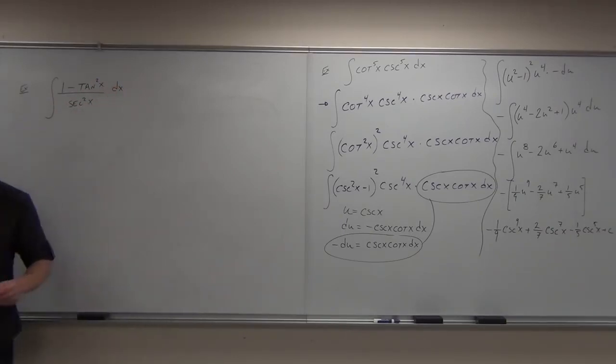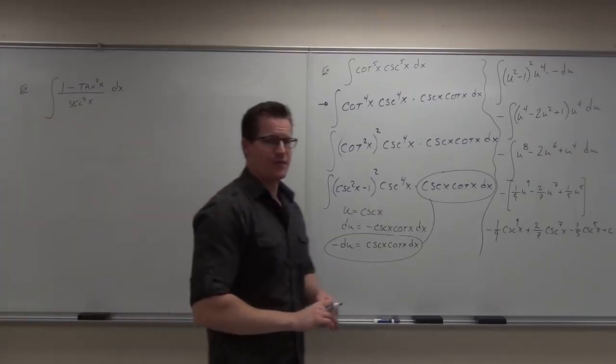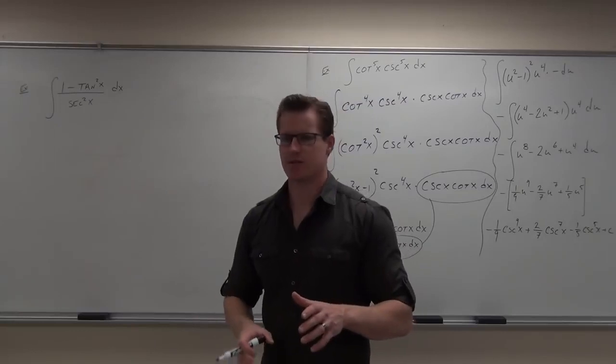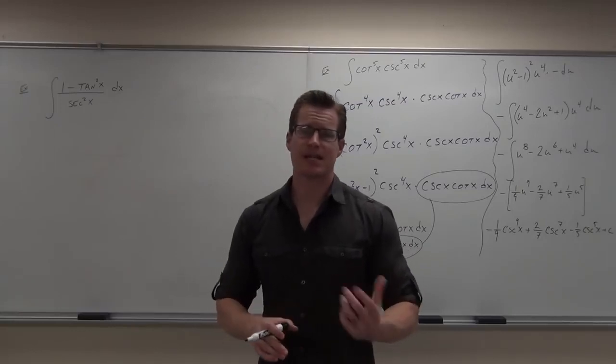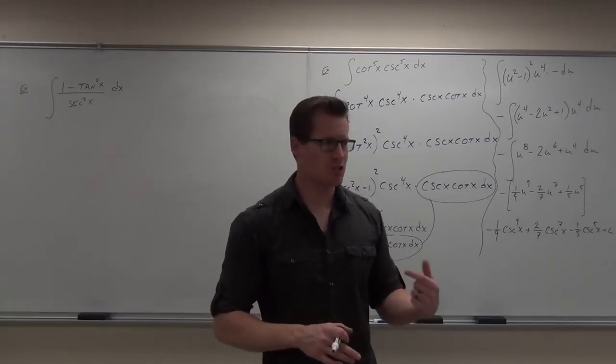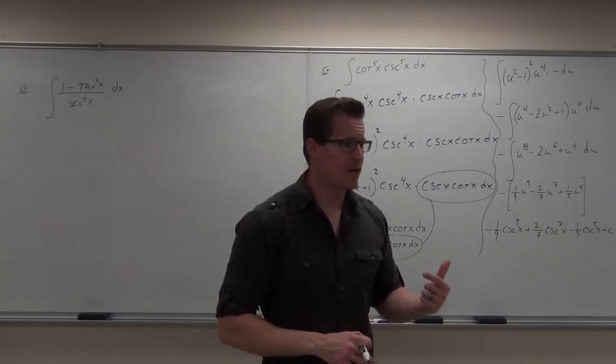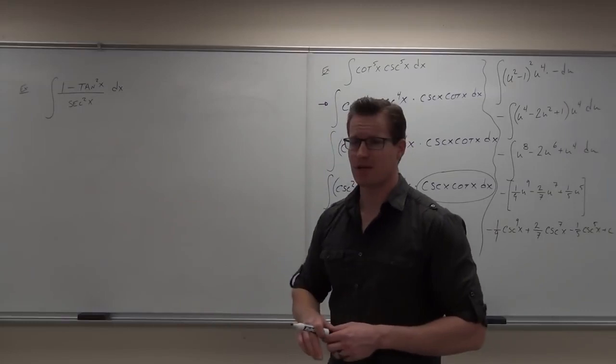If it fits the patterns I've given you, for goodness sakes, use the patterns and do them, okay? If it doesn't fit exactly, sometimes we can change it so that it fits a good pattern. Sometimes we can't.